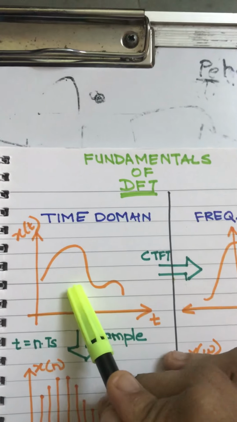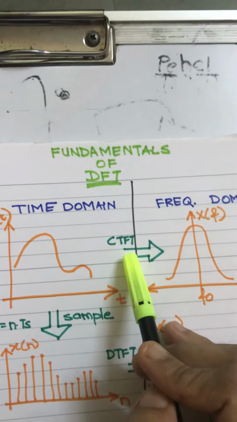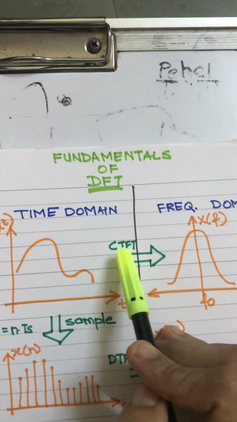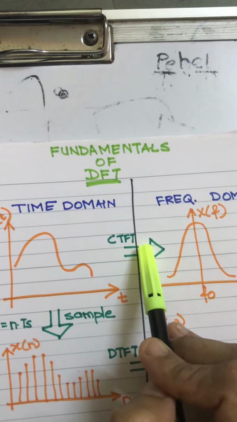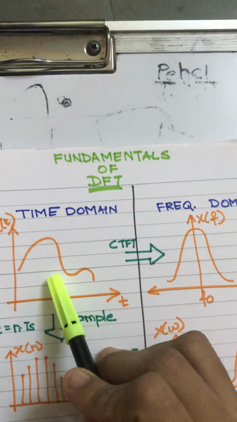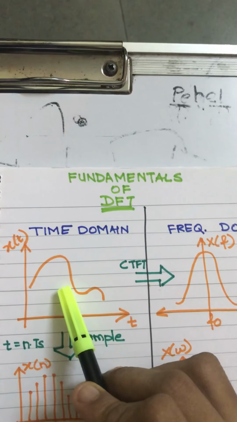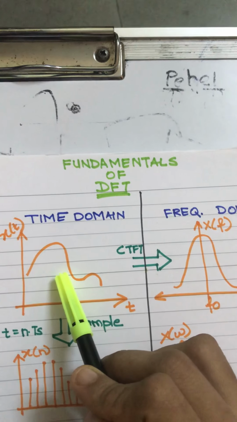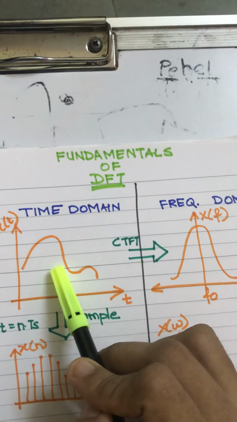On this signal, when I perform a transform CTFT, CTFT stands for continuous time Fourier transform. So when I pass a continuous time signal, it could be anything. It could be an audio signal, a video signal, an image signal.